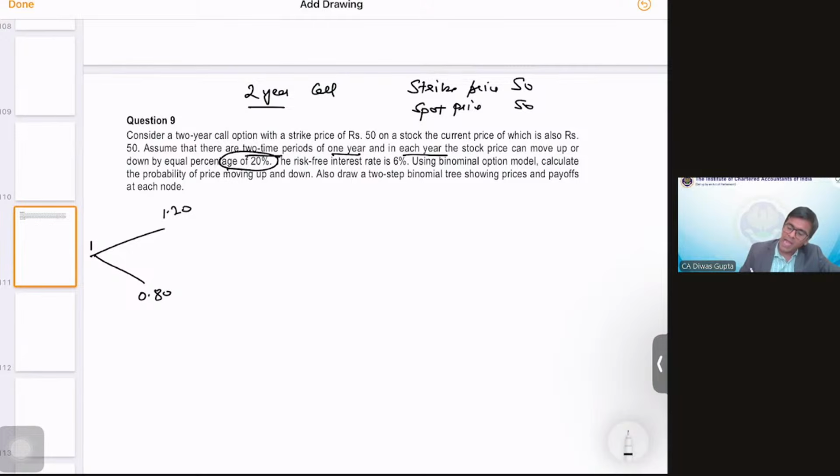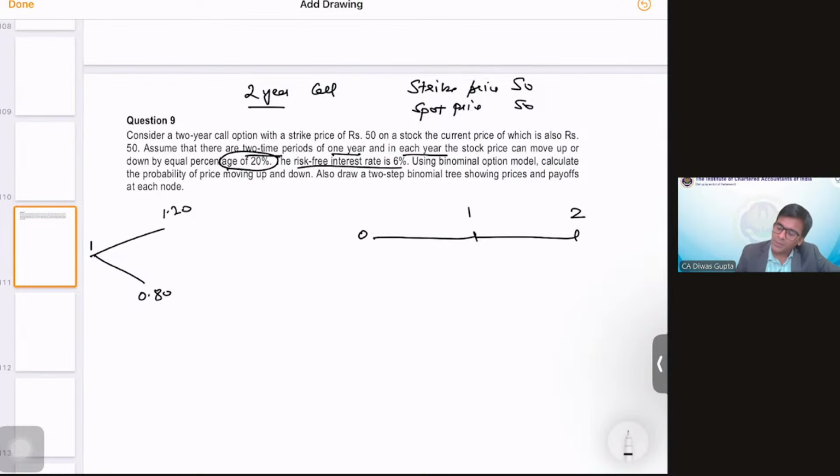And there are 2 time periods, 0 to 1 and 1 to 2. So over these 2 years, it can happen twice that the prices will move up or down, with the risk-free rate of interest at 6%.